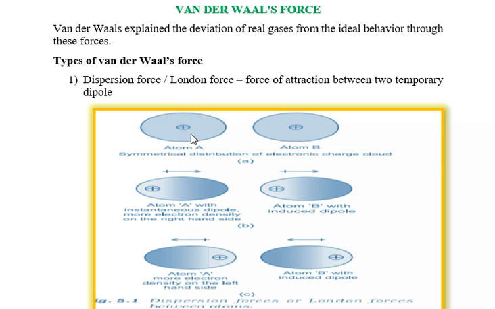Here you can see atom A and B. There is symmetrical distribution of the electronic charge cloud. For a very short time A becomes unsymmetrical, which results in the development of a dipole. This transient dipole distorts the electron density of the other atom.